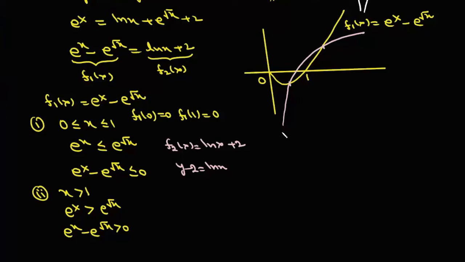So this is the graph of f2(x), which is log x plus 2, and it will have 2 roots, say alpha and beta. So we have 2 roots, alpha and beta, where alpha is less than 1 and beta is greater than 1. So this equation will have 2 real roots.